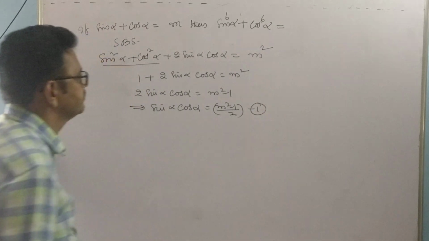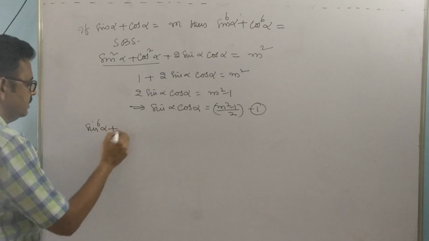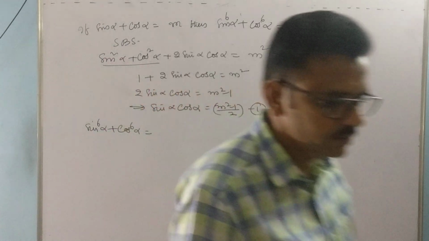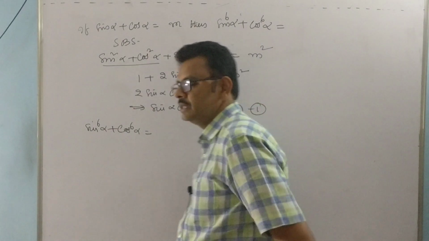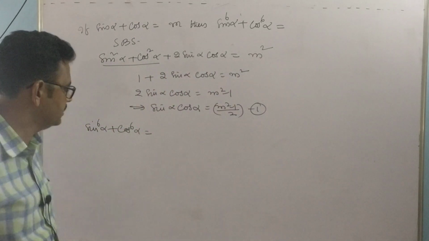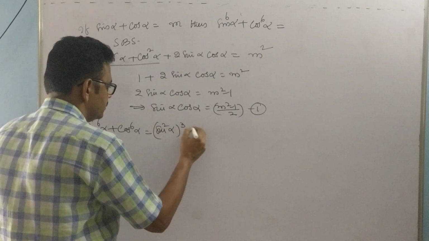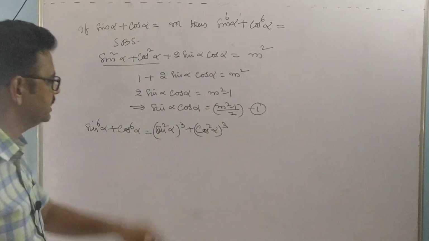Treat as 1. Now sine power 6 alpha plus cos power 6 alpha is equal to, that we have to reduce to a cube plus b cube form. So sine power 6 alpha can be written as sine square alpha whole cube plus cos square alpha whole cube. So this is a cube plus b cube.